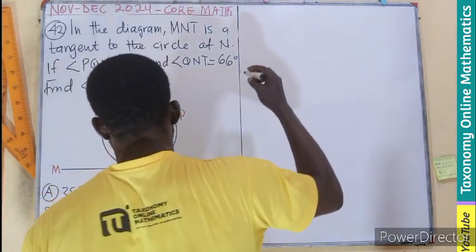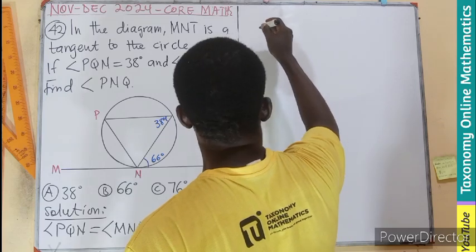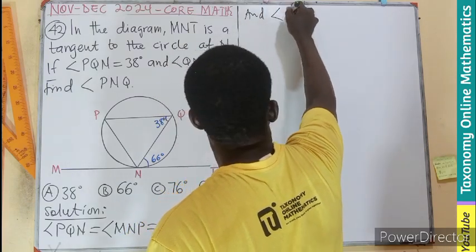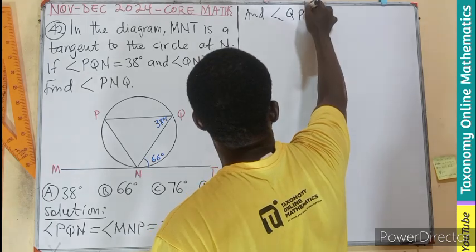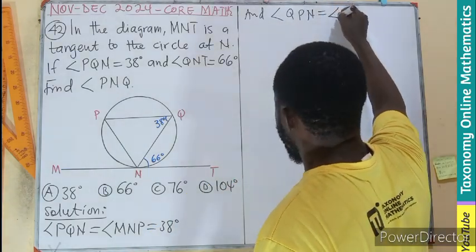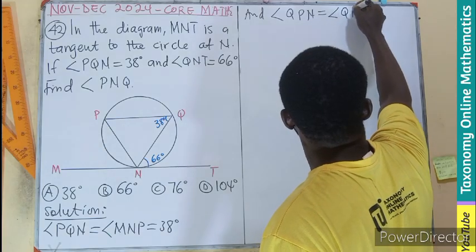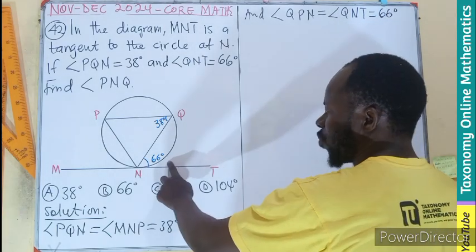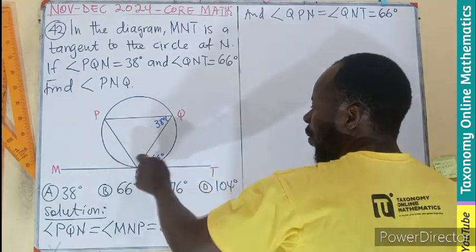Then we can also say that the angle QPN will be equal to the angle QNT, which is what? 66. So this one equals this, equals this.